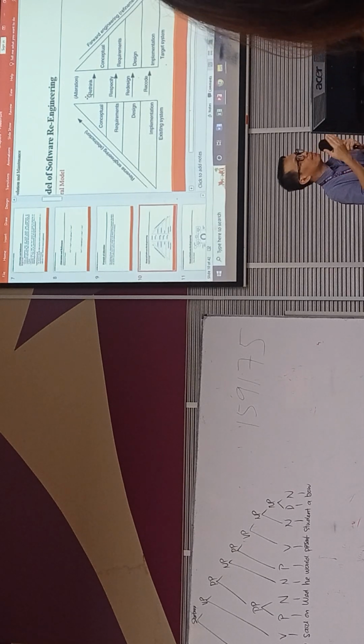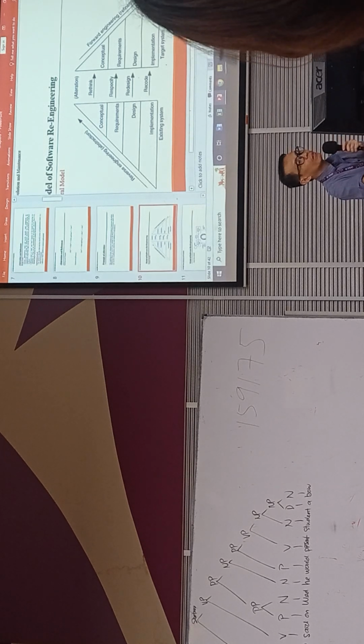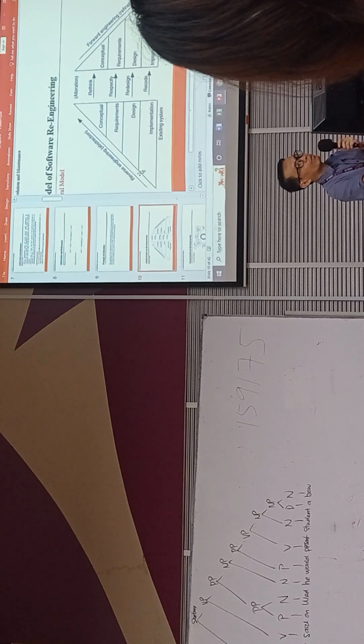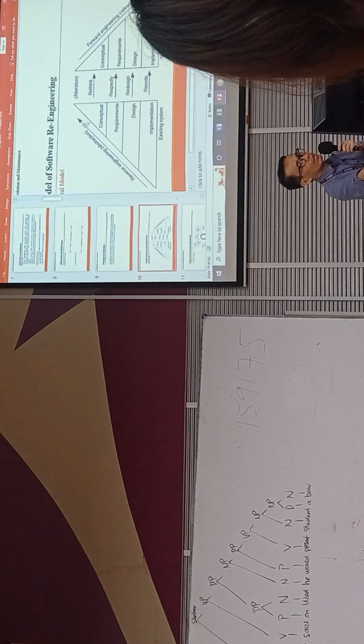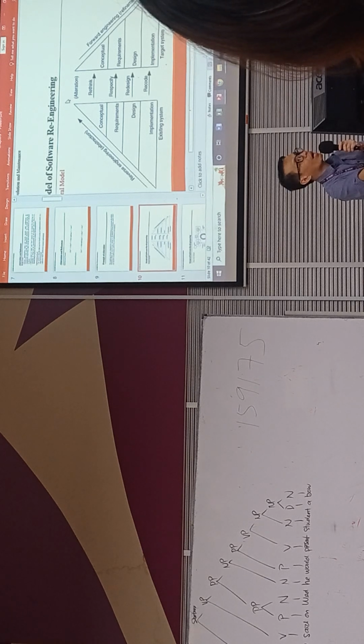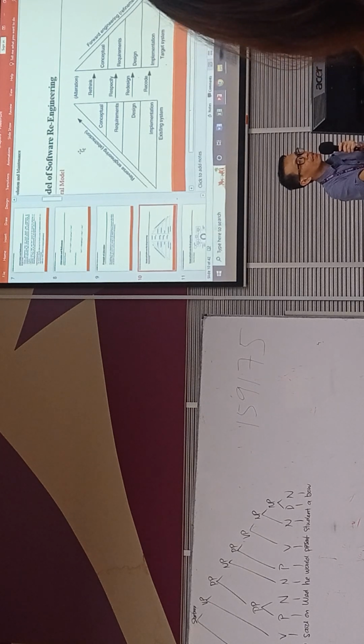When we study the existing system, this is called reverse engineering. Reverse engineering from the implementation, we derive the representation for the code, the representation for the design, requirement and conceptual. Therefore, the representation when we derive becomes more high level. So therefore, this is the abstraction principle applied.